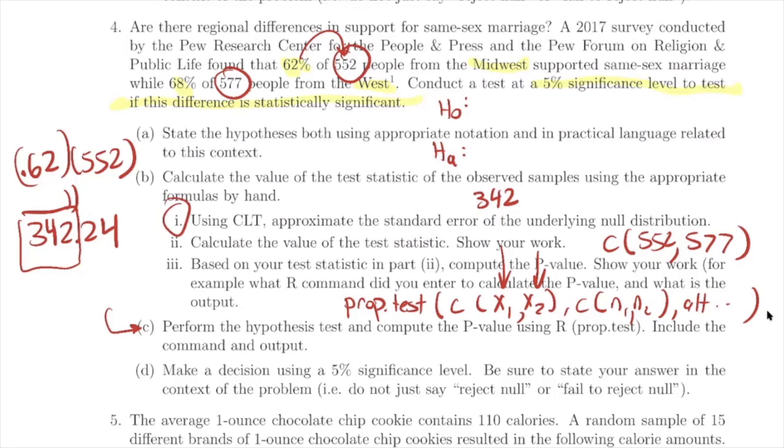Since when we used the central limit theorem, we did it without the continuity correction. If you did apply a continuity correction, which is not something I would ask you to do because we didn't cover it, that would get you much closer. So your answers will be off a little bit. It shouldn't be drastically off, but it will be different.